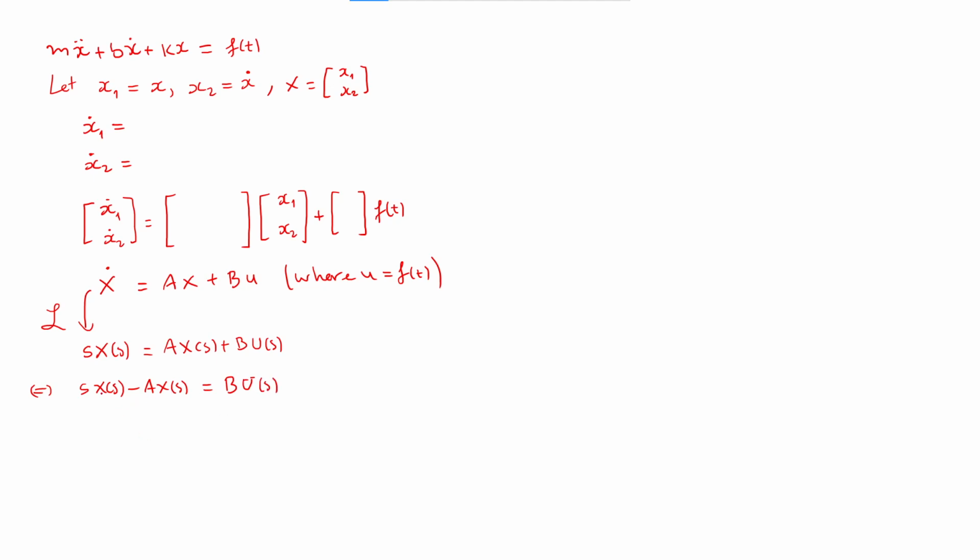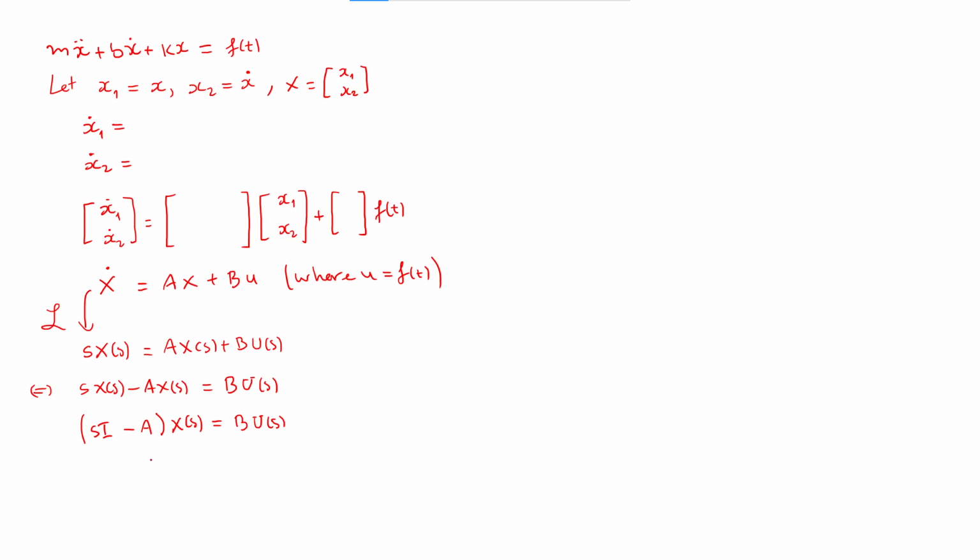Here you can take H of s as a factor. A is a matrix, but s is a scalar. If you have a scalar minus a matrix, that's not right, so you need to have the identity matrix. This identity matrix times H of s is still H of s. Then you get B U of s.